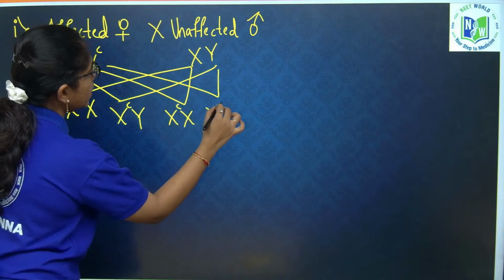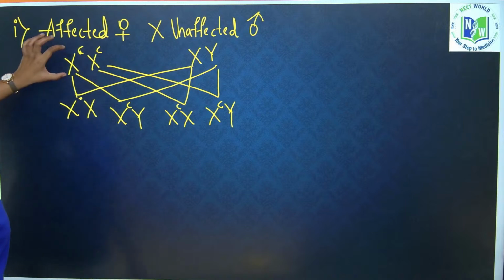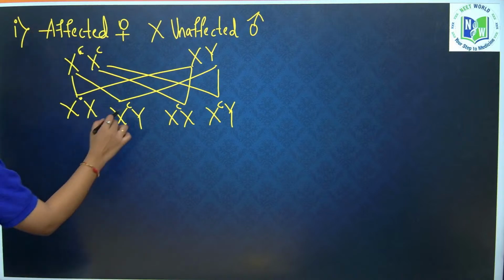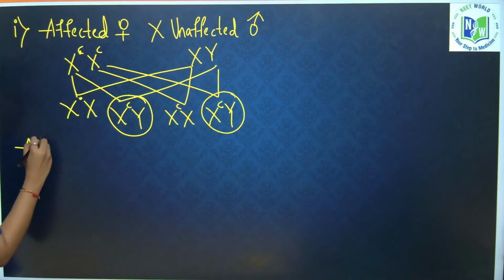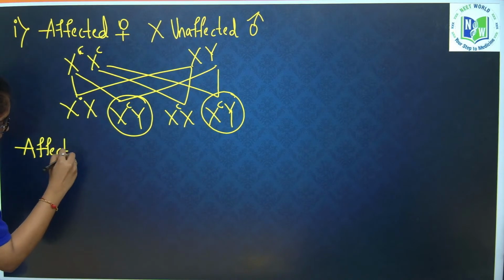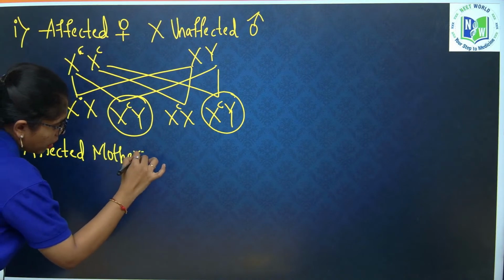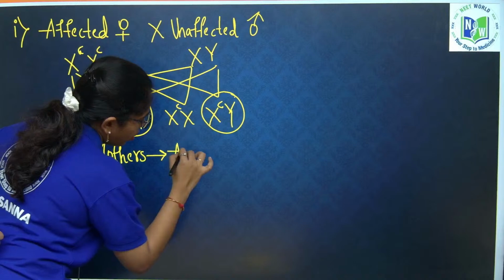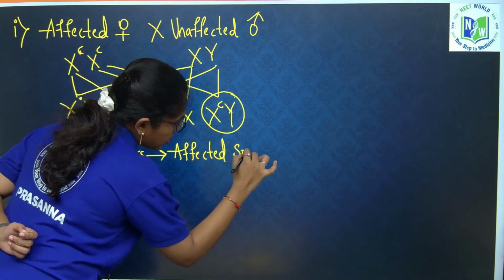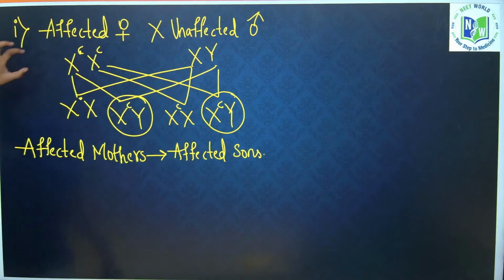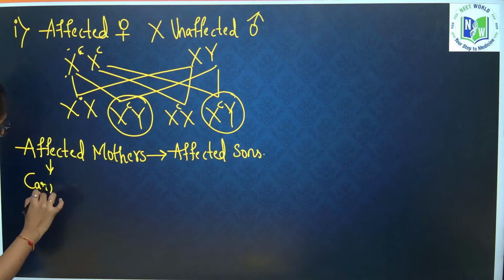If you look into it carefully, all the affected mothers are producing affected sons, and affected mothers are also giving rise to carrier daughters.